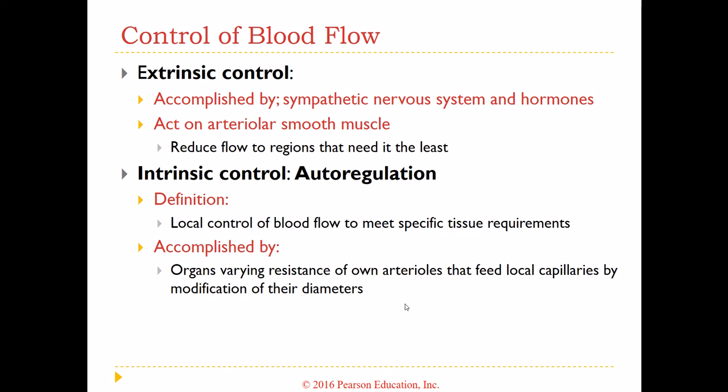The blood vessels can self-regulate by changing the diameter of those arterioles that feed into the specific capillaries for that specific organ.